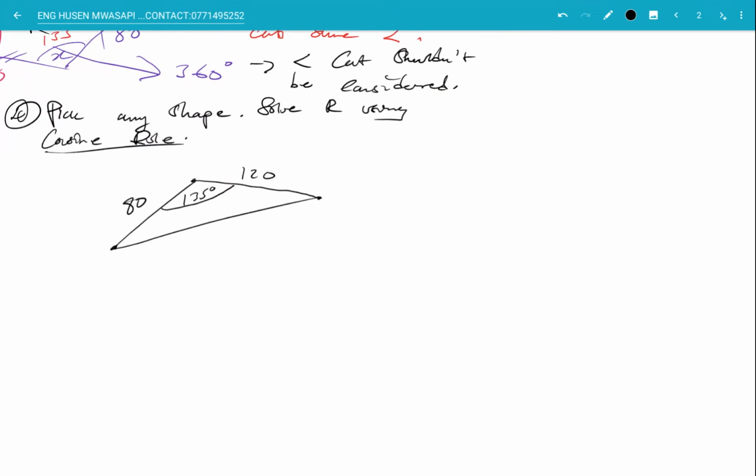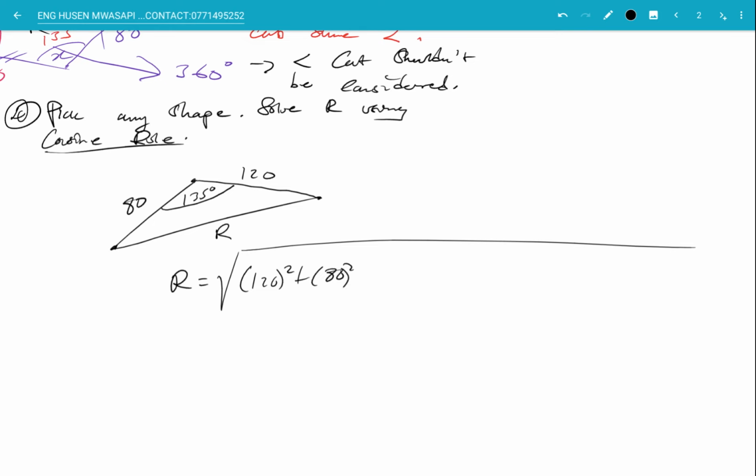So the cosine rule states that if you want to find R, given two sides and an angle in between, use the cosine rule. The formula will be the root of 120 squared plus 80 squared, minus 2 times 120 times 80 times cos theta, which is the angle in between, which is 135 degrees.